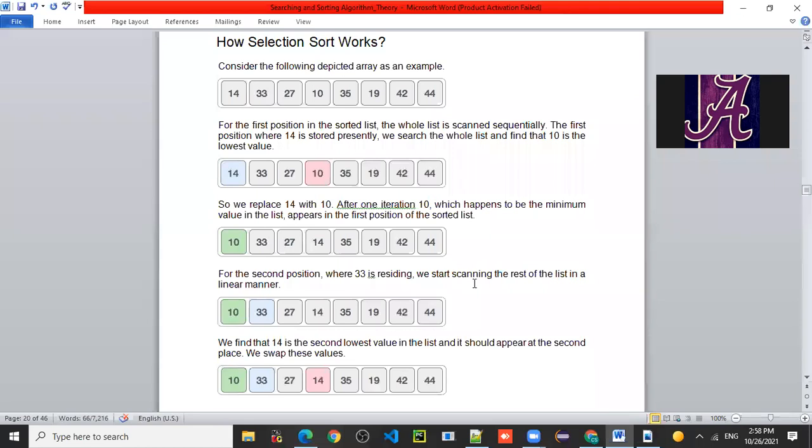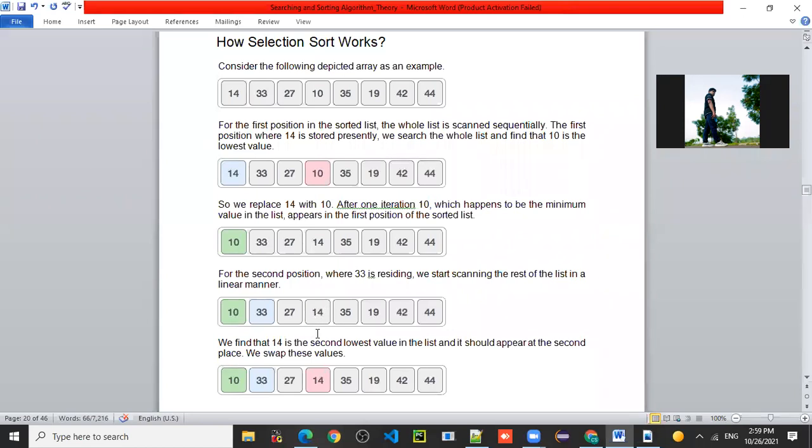33. Now we start scanning the rest of the list in a linear, sequential manner. Now we'll compare 33 with 27. So who is less? 27. Now we'll consider 27. Now 27 will be compared with 14. So who is less? 14.